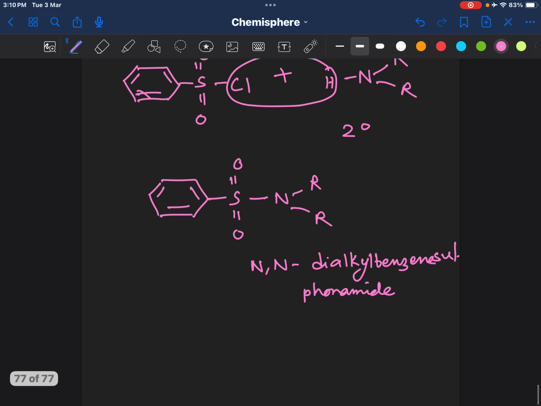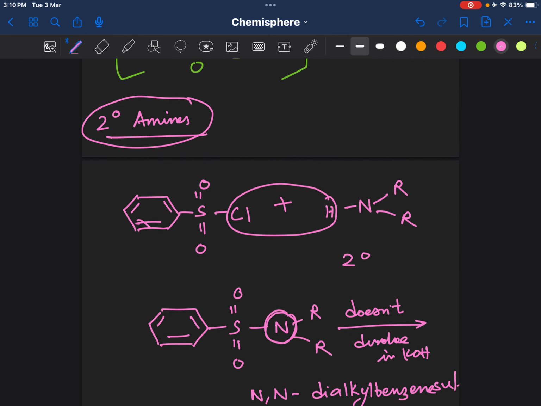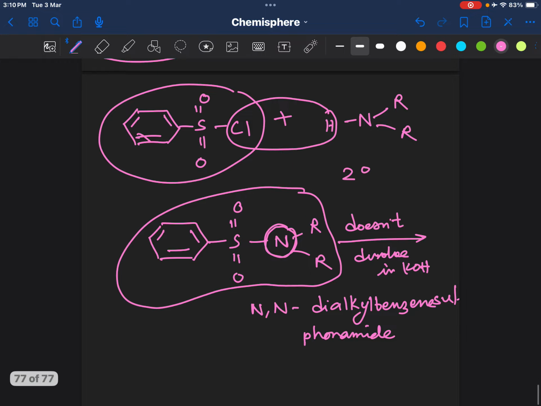As you can see, they don't have any acidic hydrogen on N. Therefore they do not dissolve in KOH, they are insoluble in KOH. So secondary amines react with Hinsberg's reagent to form something insoluble in KOH.